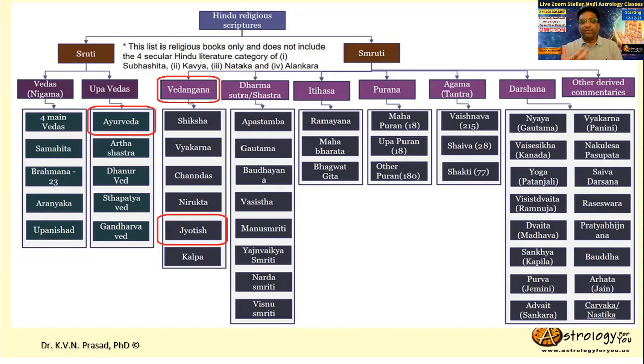You sit in the northeast corner of your house, basically east, northeast, or north. Any of these in between, right? So north and east is here like this. Anywhere in between you can sit, and whatever God you believe in, you can chant the mantra.